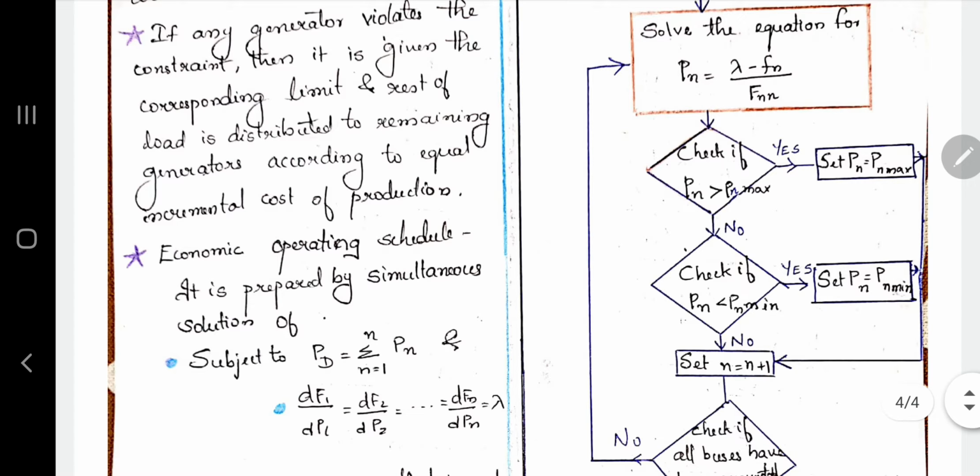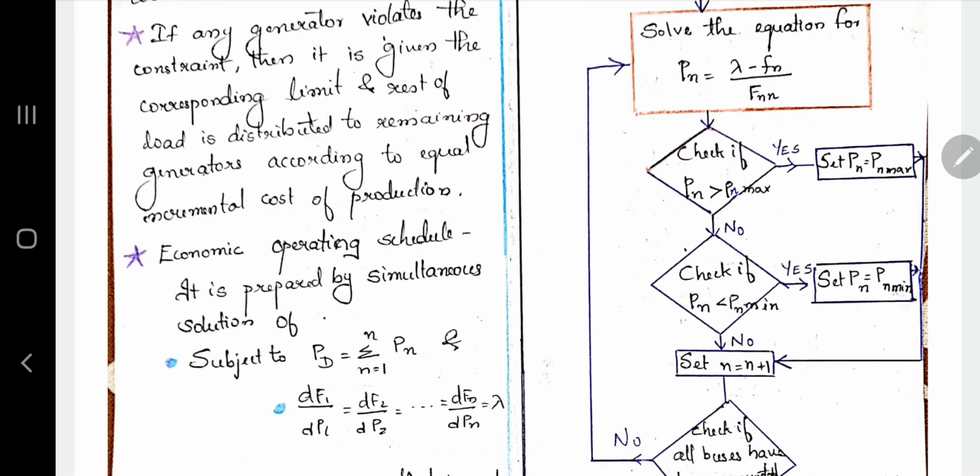If any generator is violating the minimum constraint or maximum constraint, then we have to load the generator at the limit which is being violated. For example, if it is violating Pn maximum, then that generator should be only loaded till Pn maximum.